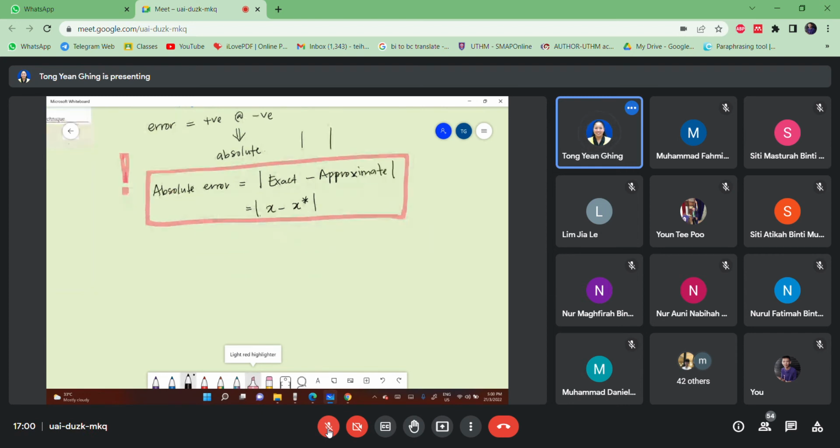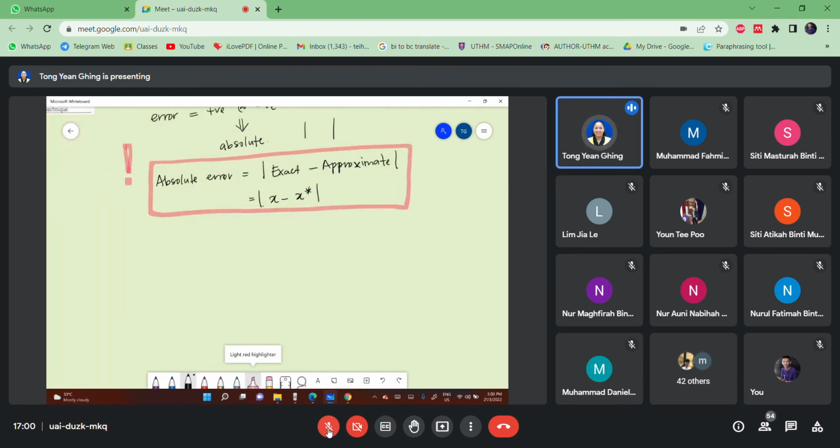And then kadang-kadang we also want to know about the error dalam bentuk relative error. We call it relative error. Dia bukan percentage, but dia dalam bentuk pecahan. Error.